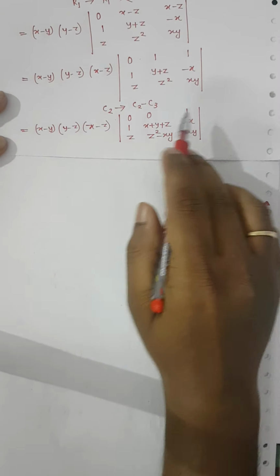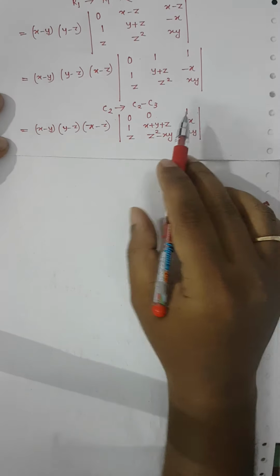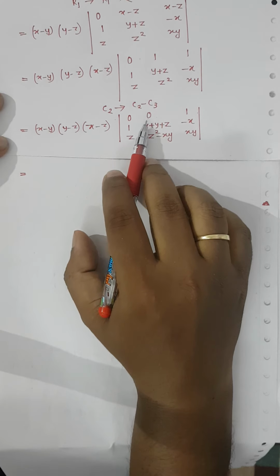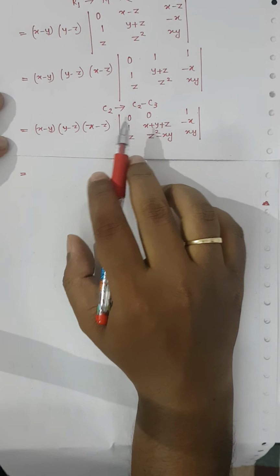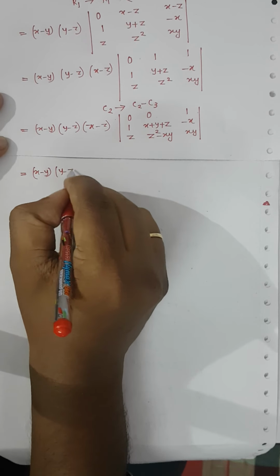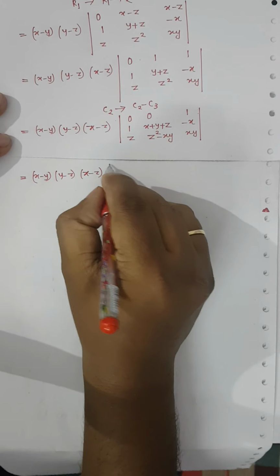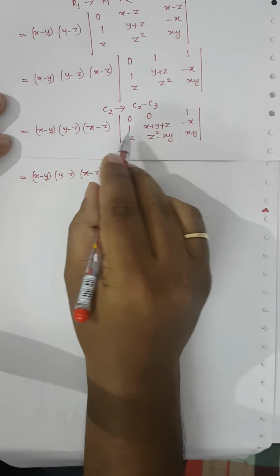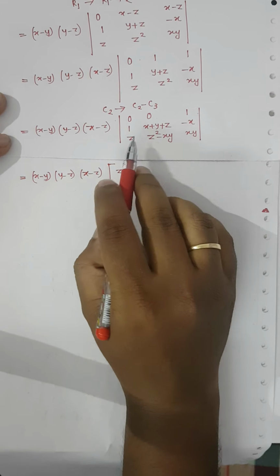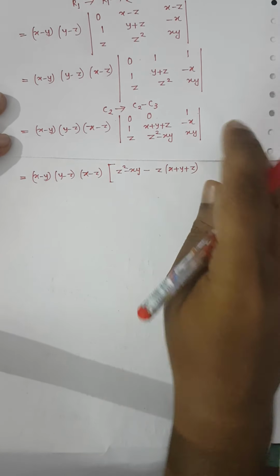From this, now expanding along row 1, I have two 0s in row 1, so it will be simpler to expand along row 1. So it is x minus y, y minus z into x minus z. Expanding along row 1, I will get 1 into this z square minus xy, minus z into x plus y plus z.